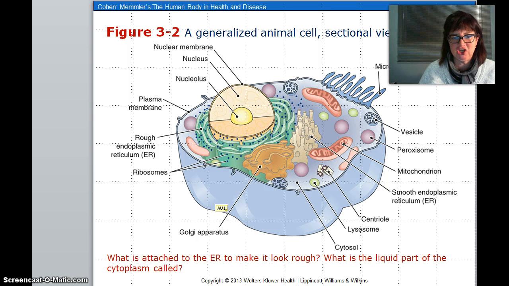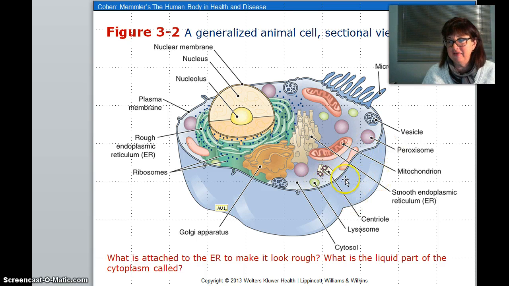So finger-like projections is chloroplasts. Sorry, mitochondria. Then you have vesicles, and a vesicle is a transport sac. If they're larger, they're called vacuoles. If they're smaller, they're called vesicles. Once they get specialized, the vesicle could be called a peroxisome or a lysosome. All of those are used for transport.